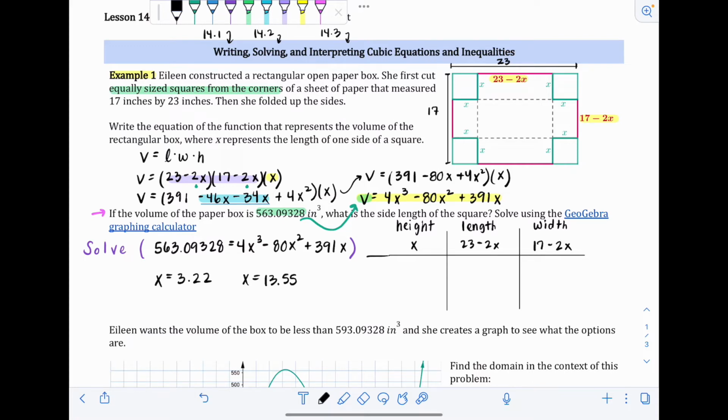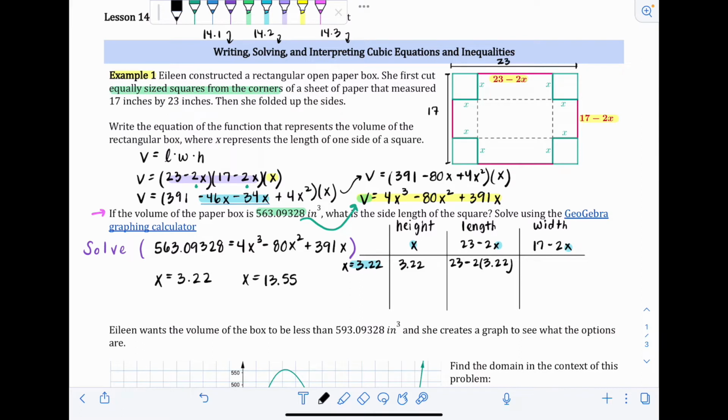So let's say for x equals 3.22 first. If I plug that in for just x, that would just be 3.22. And then for the length, 23 minus 2 times 3.22.